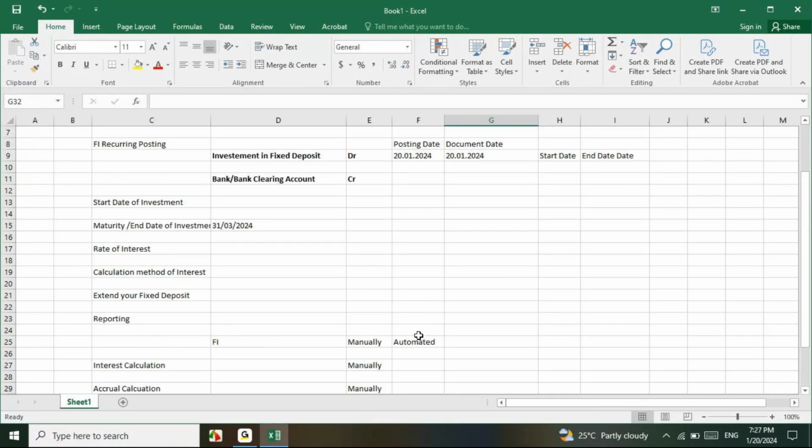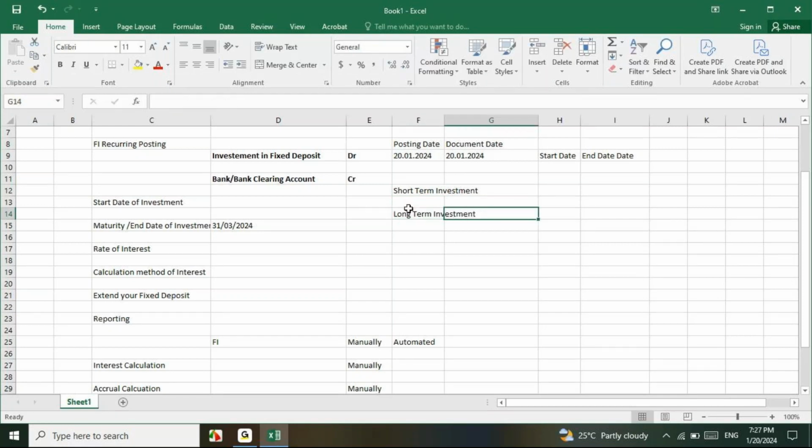Means the user need not choose the investment deposit account. Or let's say the customer has different scenarios. Example here, let's say they are segregating the investment in a way that their fixed deposit investment would be in two different GLs. One GL would be, let's say, they are categorizing the investment into short-term investment and long-term investment.